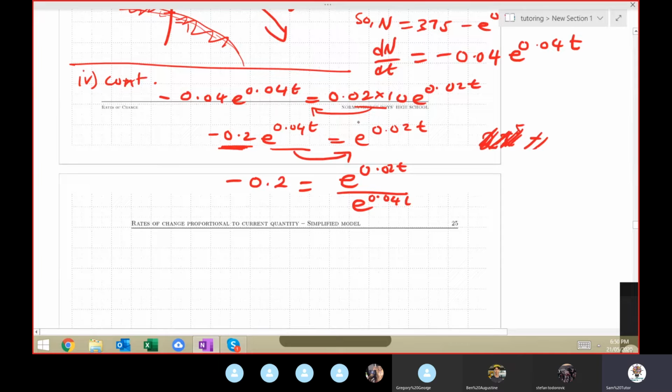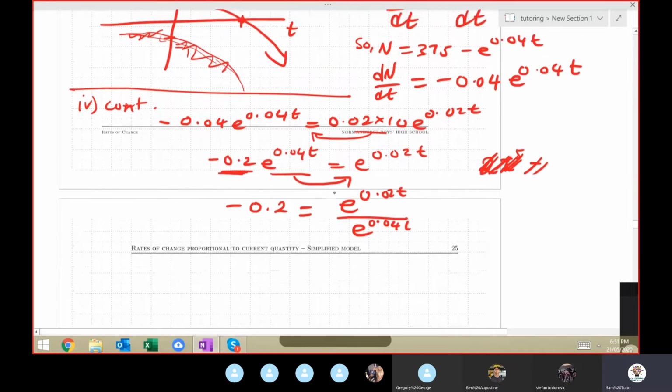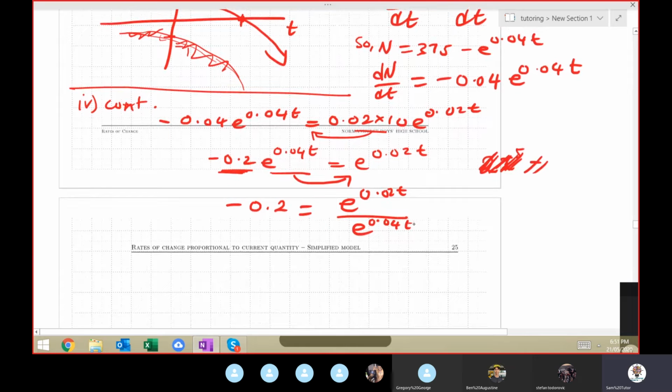So we did 0.02 times 10, 0.2, and then I did negative 0.04 divided by, the answer is negative 0.2 of e. Interesting. 0.02t. Base, you subtract.